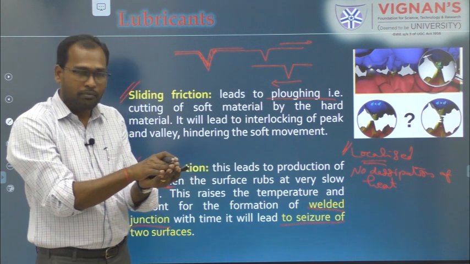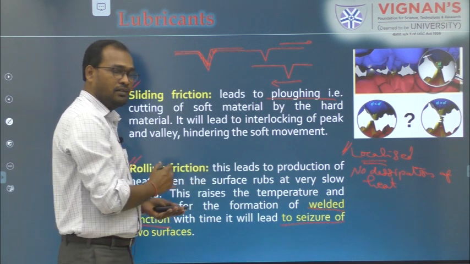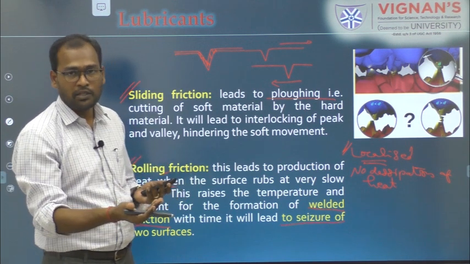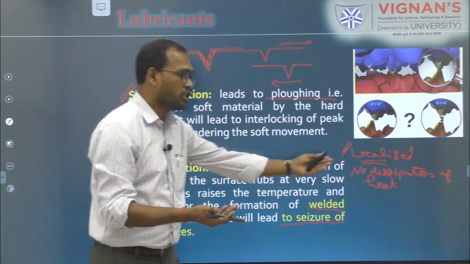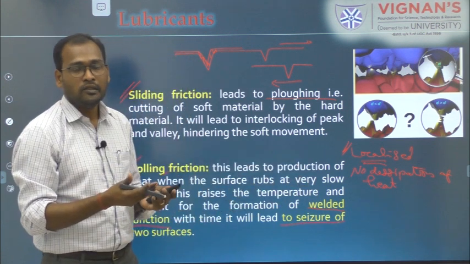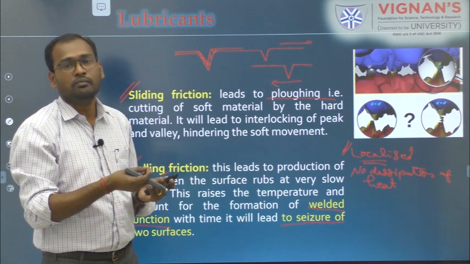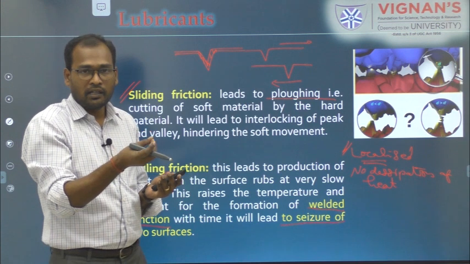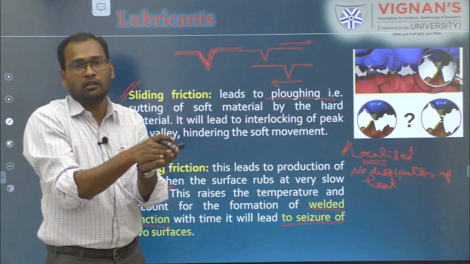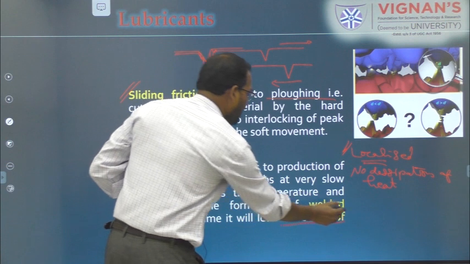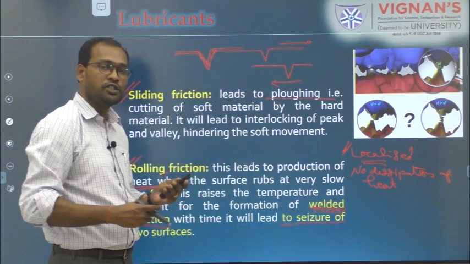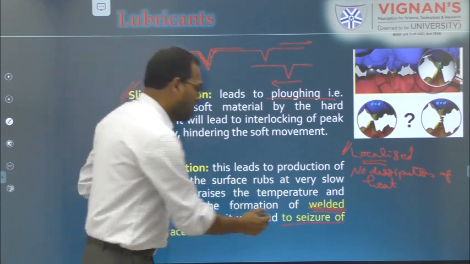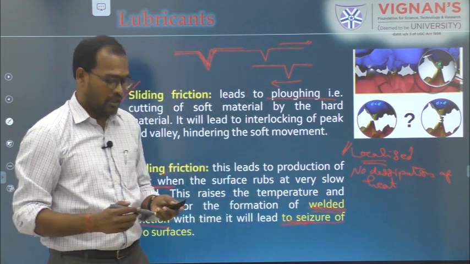This happens because of rolling friction, where the heat is generated and cannot be dissipated, and since it is localized heating, it will melt the surface of the material. This melting temperature makes the two materials stick together, and that will lead to a welding junction. If it is not checked properly, it will lead to seizure of the two materials.